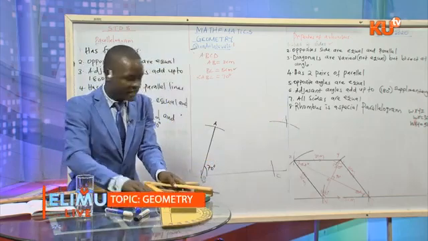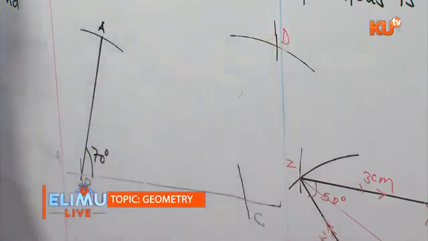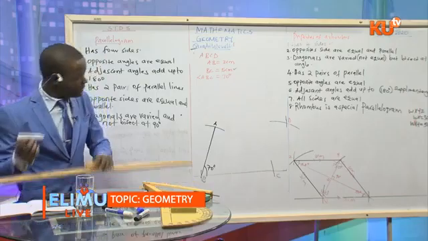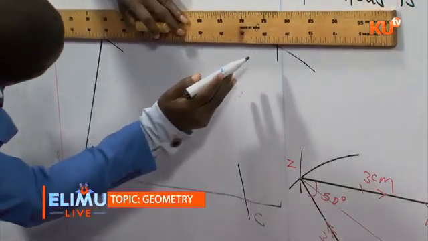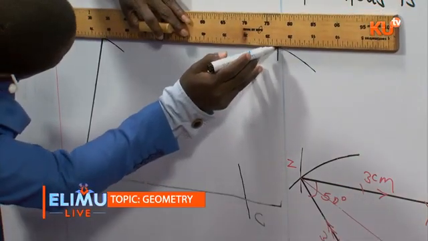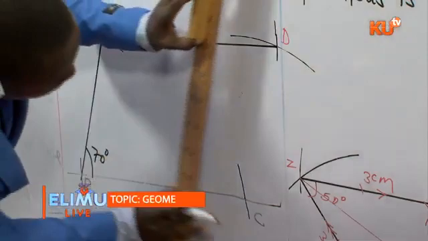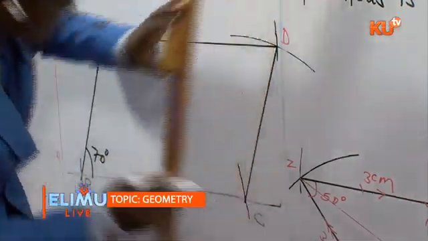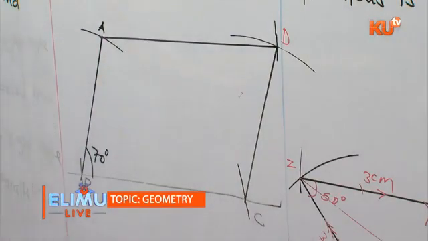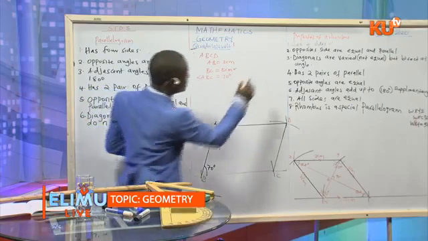So where they have intersected is D. Then now you can join line AD like that. Then also join line DC like that. So after joining, then we can start discussing the properties.